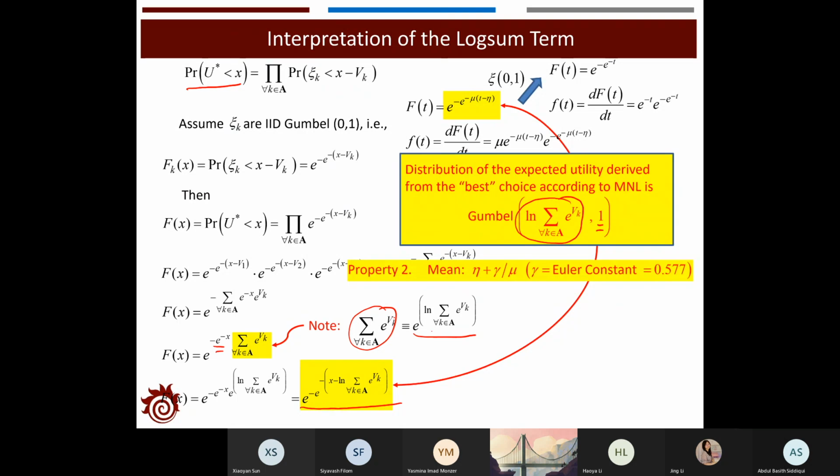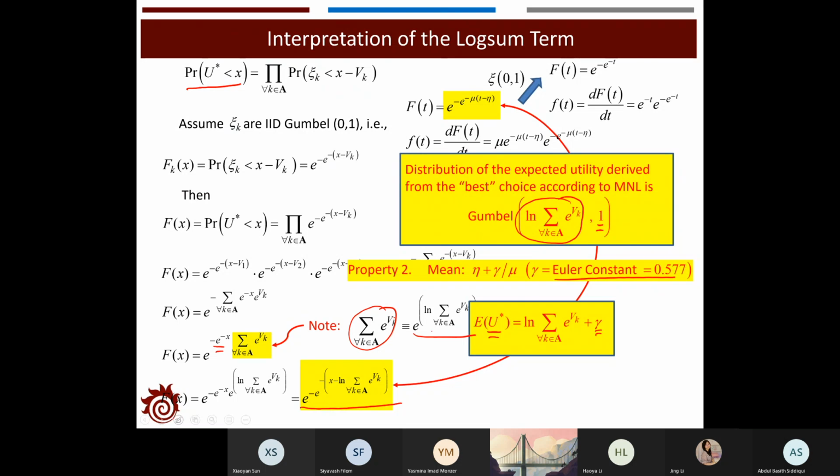We can then find the mean value of this distribution, and get the expected value as log summation of exponential Vk plus gamma. Gamma is the Euler constant, and that's what we get for the log sum term in the Gumbel distribution.